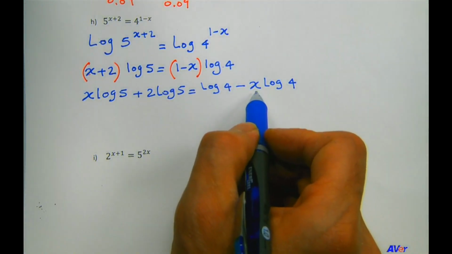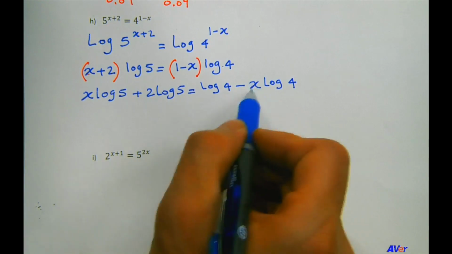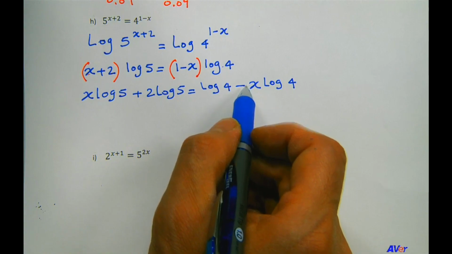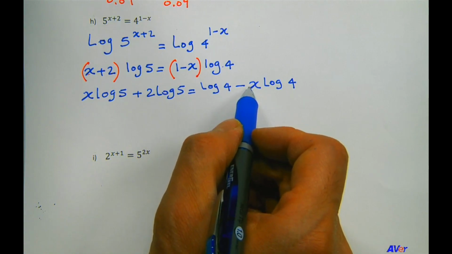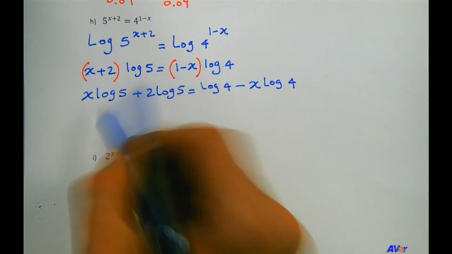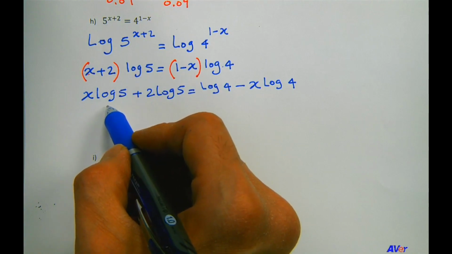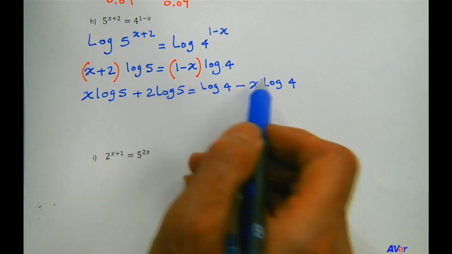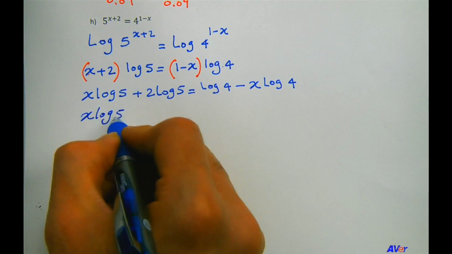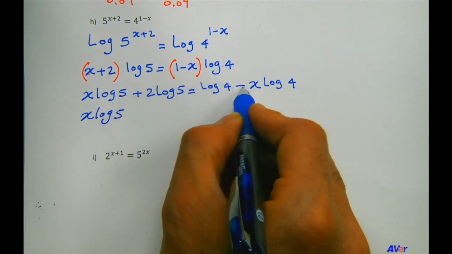So what happens now? Well, the next step, we need to bring all the terms, whether we have 2, 3, 5 terms with x in them, however many terms we have with x in them, we need to bring all of those to one side of this equation and send anything that does not have x in it to the other side. Okay, so let's do that. x log of 5. Let's bring this minus x log of 4 to the left. When I do that, this minus becomes positive.